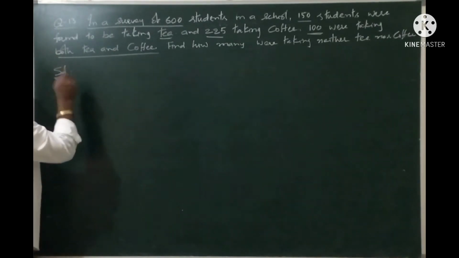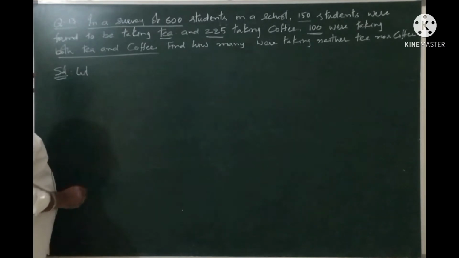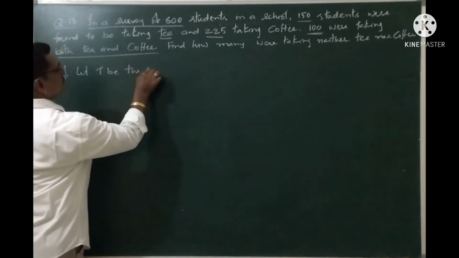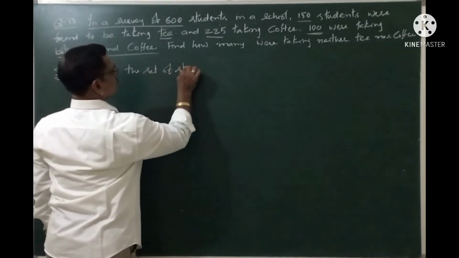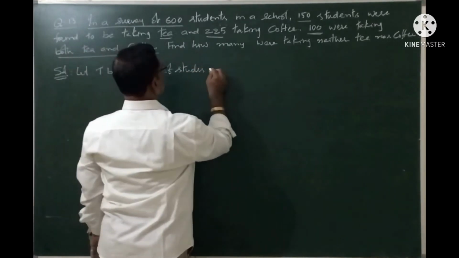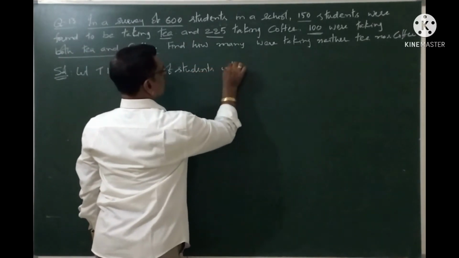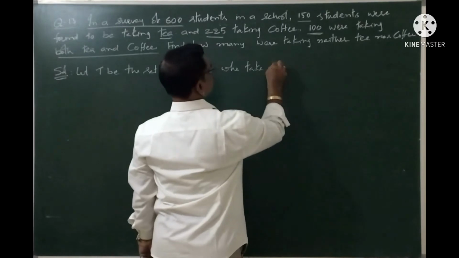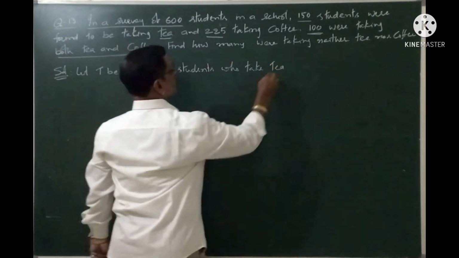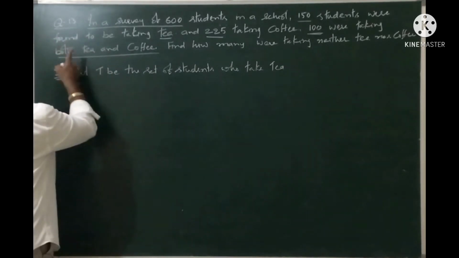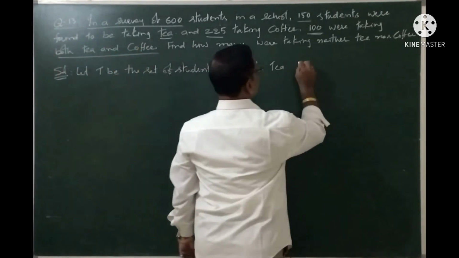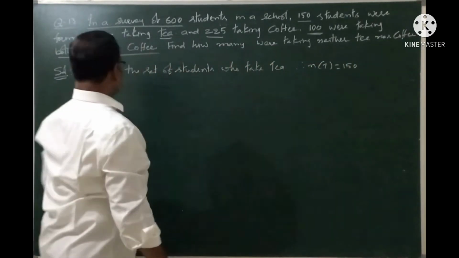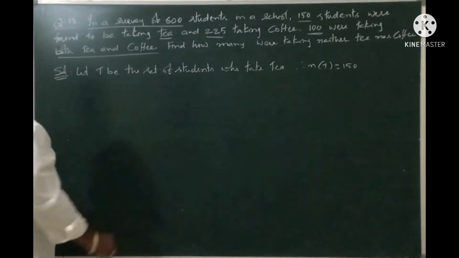How to solve these type of questions? First, let T be the set of students who take tea, and what is given, the number of students in that set is 150. Therefore, n of T is equal to 150. Next one, I'll give the name C to the second set.